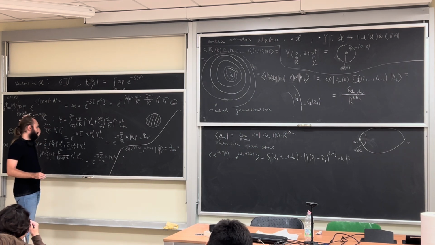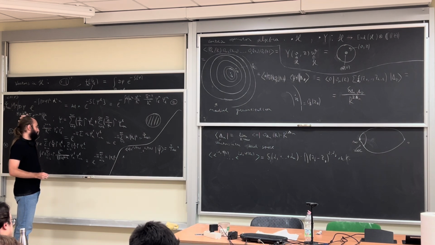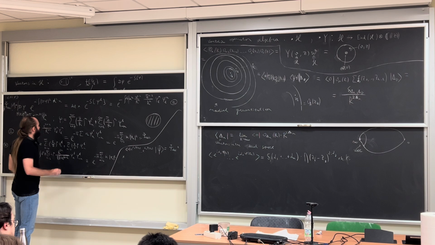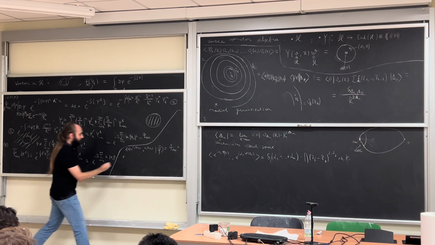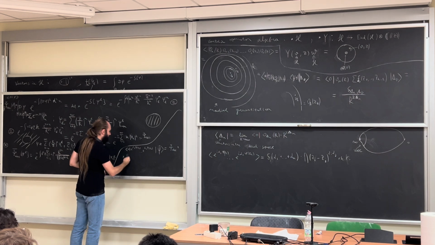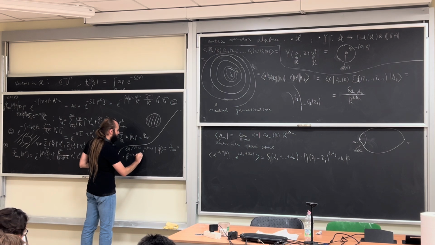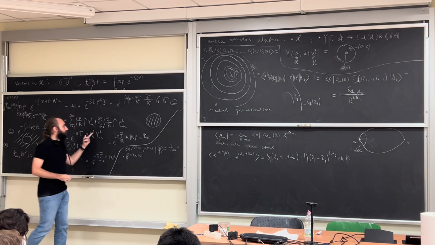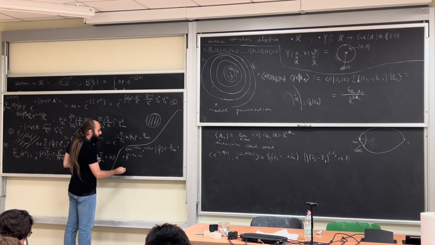Maybe we need some notation for this. Phi, let us call it phi classical, times e to some phi classical of z_i. So it will be some exponential.